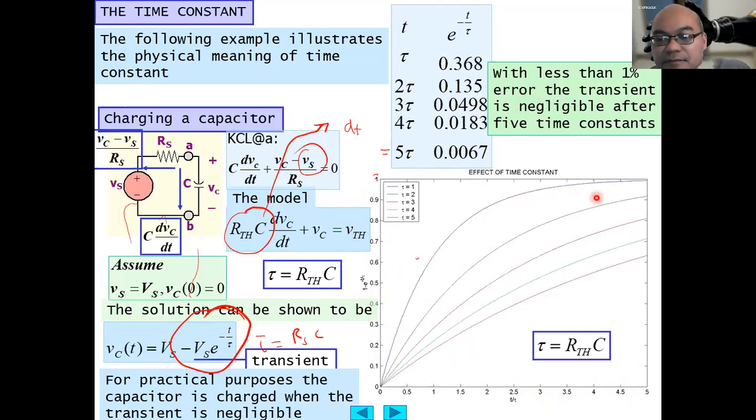This is the curve. When tau is small, the capacitor will be charged quickly like this. When tau is large, it takes more time to charge the capacitor.